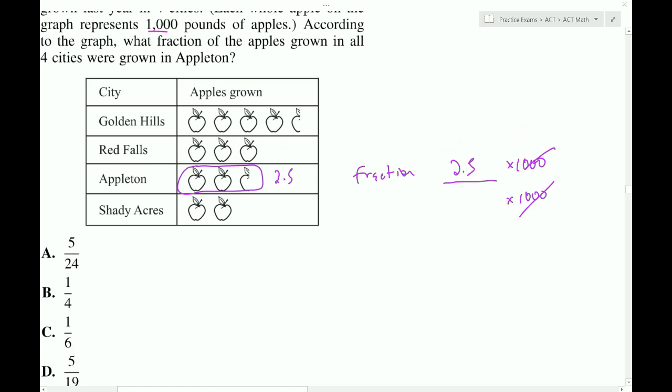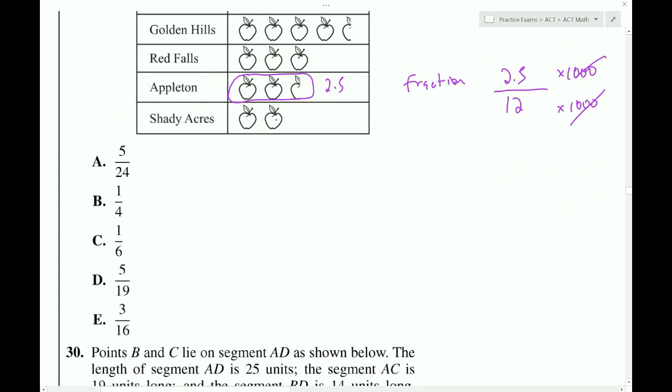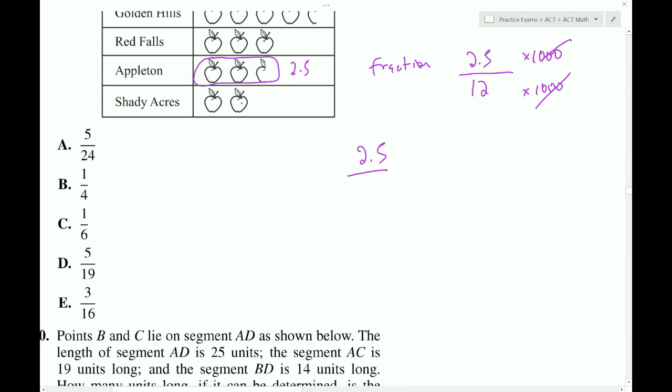So how many total apples are there? Well, 1, 2, 3, 4, 5, 6, 7, 7.5, 8, 9, 10, 11, 12. Total of 12 apples. So now this is not appearing as an answer choice. So in order to make it look nicer, we'd like to get rid of a decimal here. So a few ways to do that.